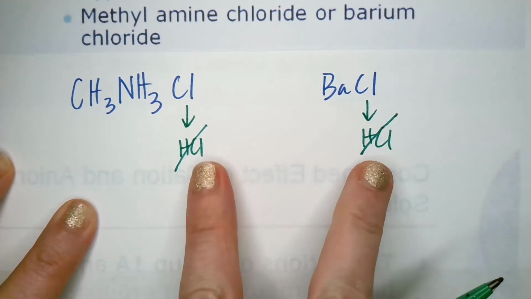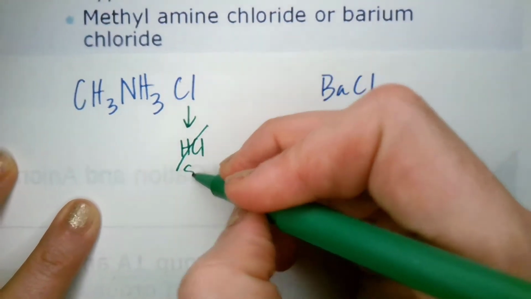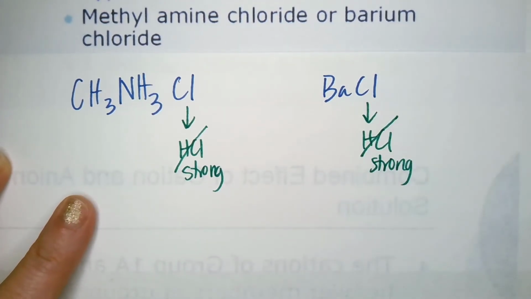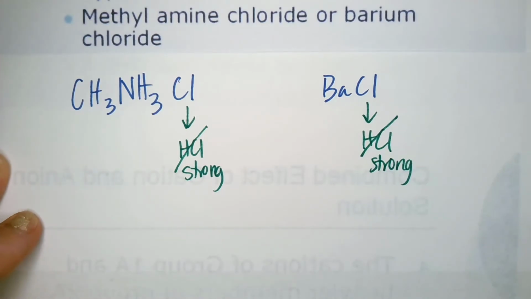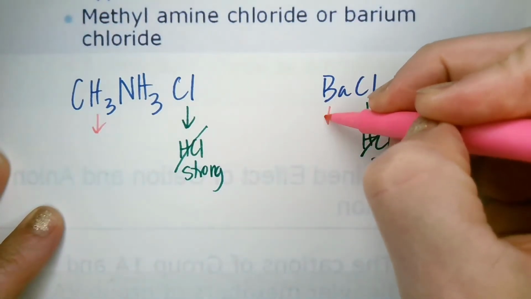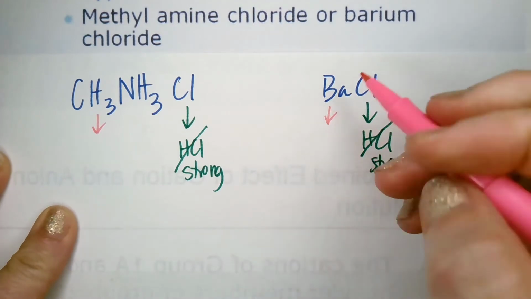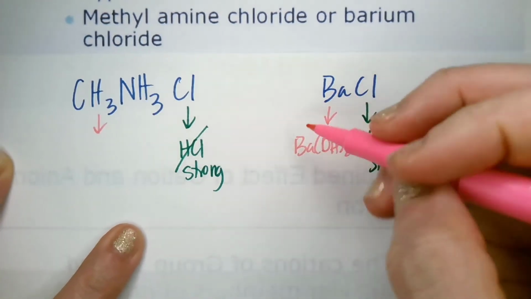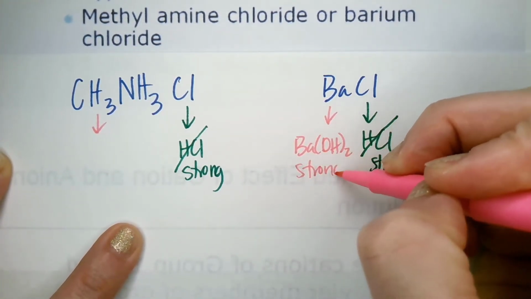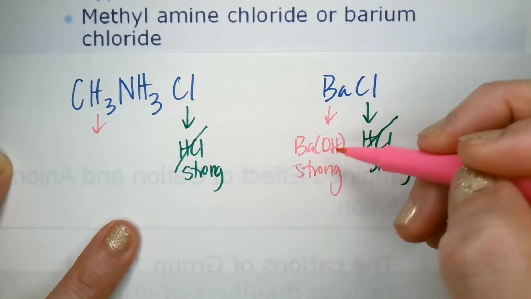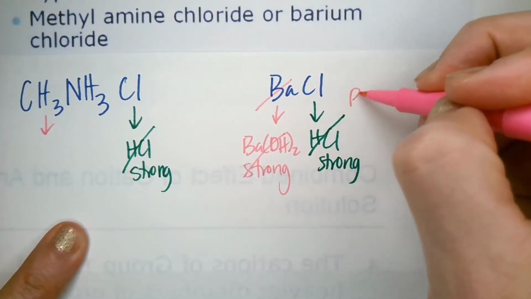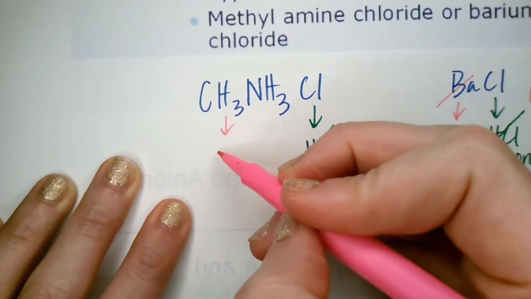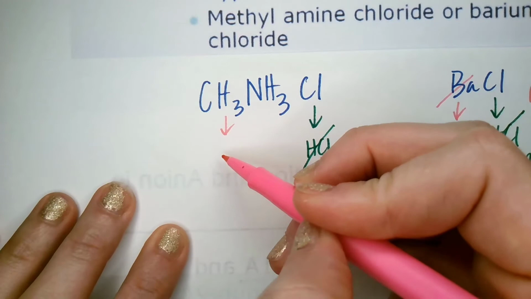We know that hydrochloric acid is strong, so it's not going to change the pH at all. I'll just write strong, strong. Now let's look at the parent base for these two. The parent base would be Ba(OH)2, which is strong. So it won't affect the pH, we'll have a pH of 7.